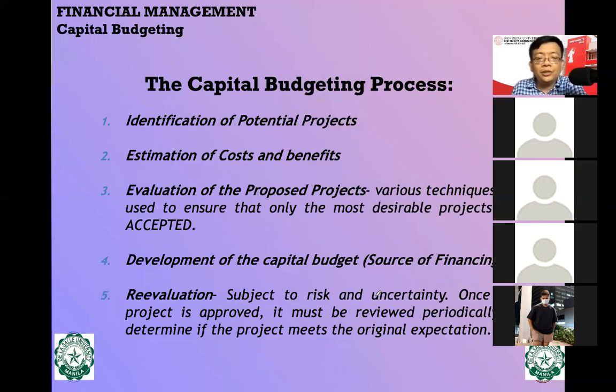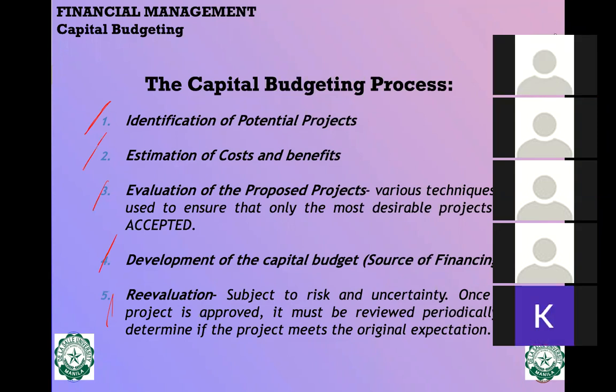Alright, capital budgeting process. I actually get to know better those who turn on their cameras. So, what do you mean by capital budgeting process? To identify the potential project, to estimate the cost and benefit, to evaluate, development of the capital budgeting, and re-evaluate. This is a repeat from our last discussion of capital budgeting.